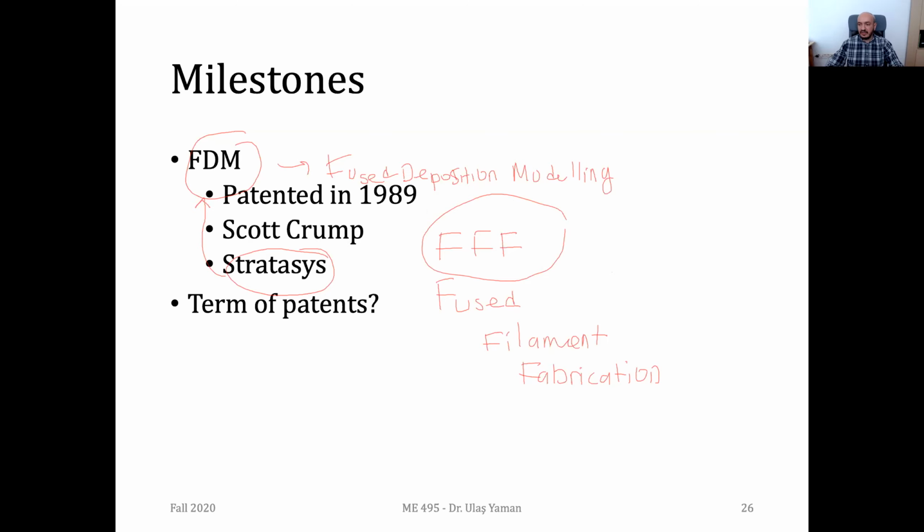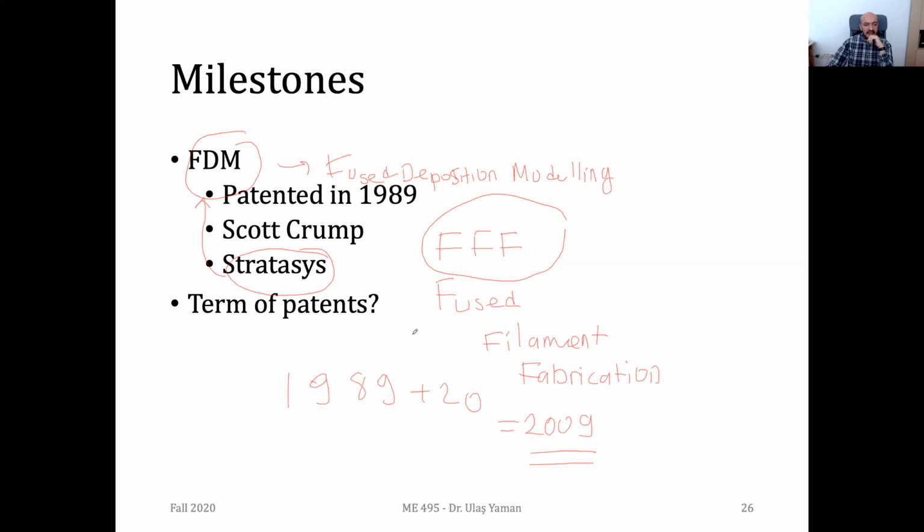Can anyone tell me the term of patents? For how many years the patents are valid? 30? No, 20. Yes, we have some answers from the chat area. It's 20. So if you simply sum, this is writing 89 plus 20, and that's why this maker movement starts around 2009.